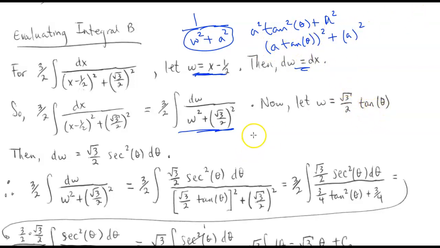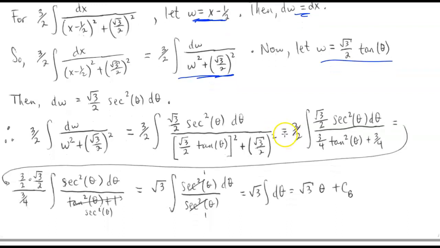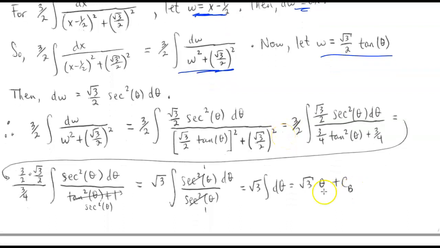Okay. So from there, of course, once we know what the substitution is, we take the derivative of w with respect to theta. We see what that ends up being, and then we just substitute everything in. Okay. And once you do that and a whole bunch of simplification, we just get to this particular point here.